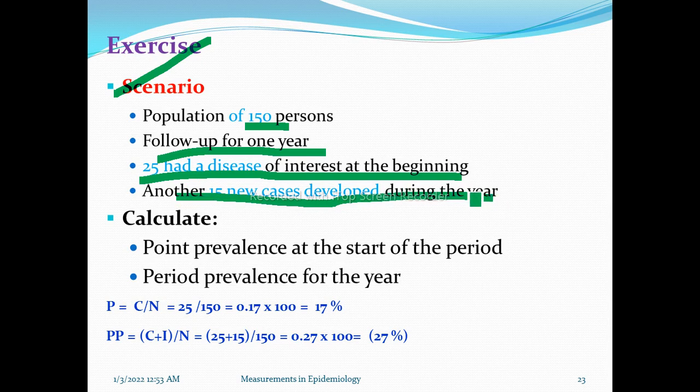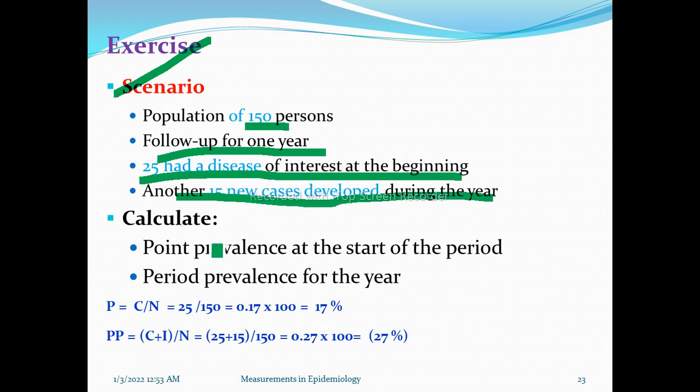So the concept is that in one class there are 150 individuals who are followed for 1 year. When you start the study you have 25 individuals who have the disease, but after starting the study you have new cases that develop during the follow-up time within 1 year. That is 15 new cases.